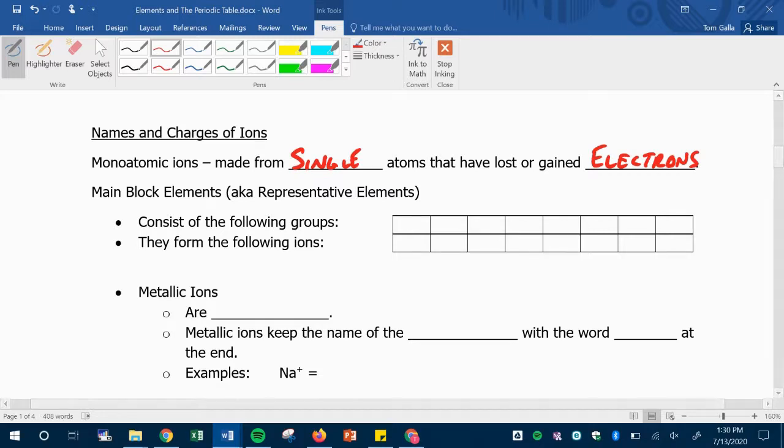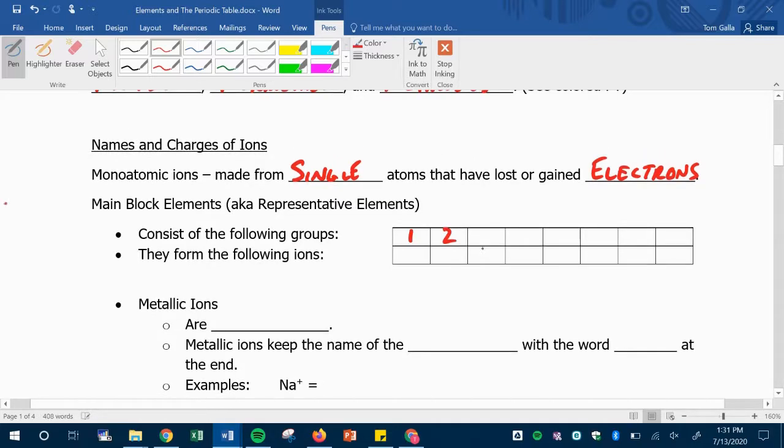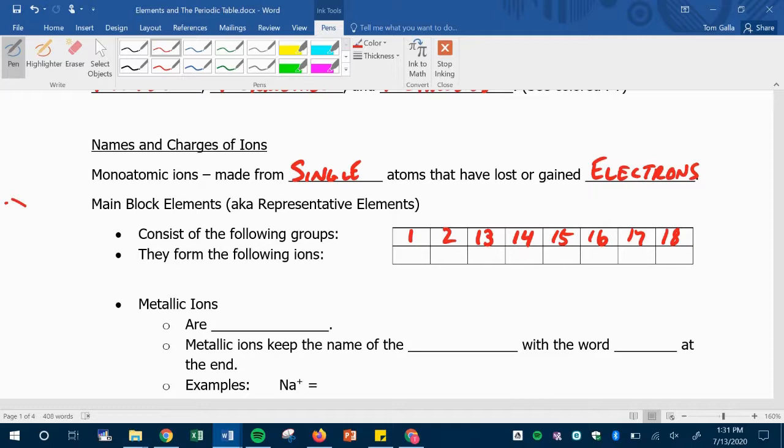Now with this, we have what we call the main block elements. They consist of the following groups: 1, 2, 13, 14, 15, 16, 17, and 18. These groups all tend to form charges that fall into a pattern.